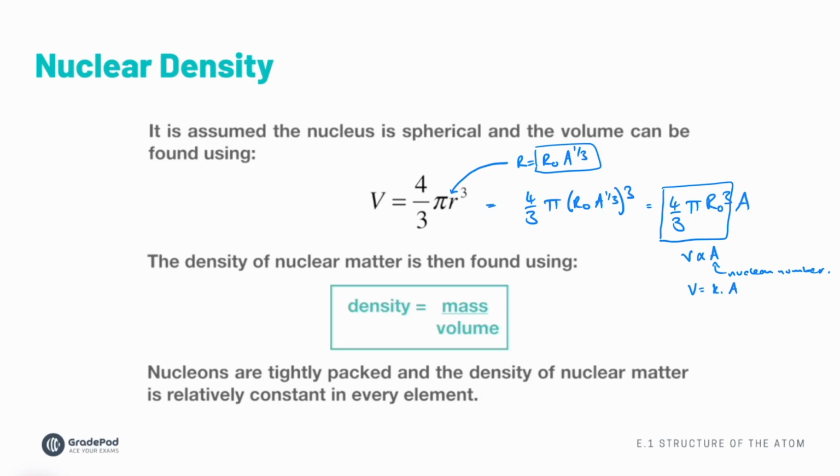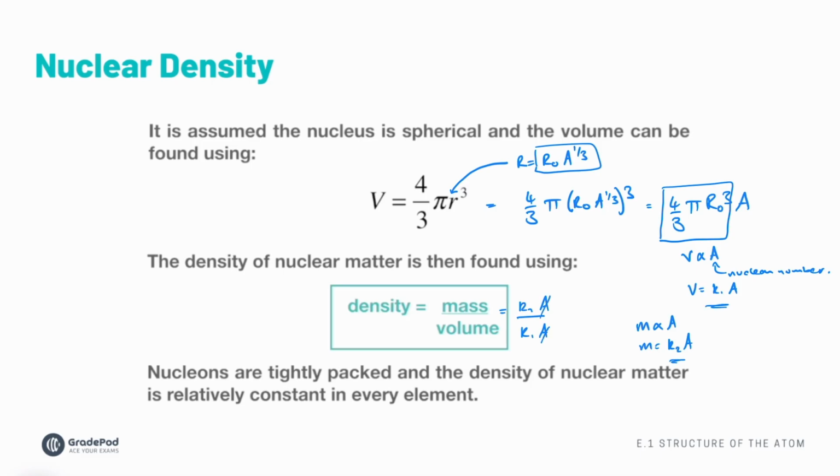But we also know that the mass of a nucleus is proportional to A, because the more nucleons there are, the bigger the mass. That makes sense. So M equals K₂A. Now, if we go to density equals mass over volume, we do K₂A over K₁A, which are the two expressions we found for mass and volume.